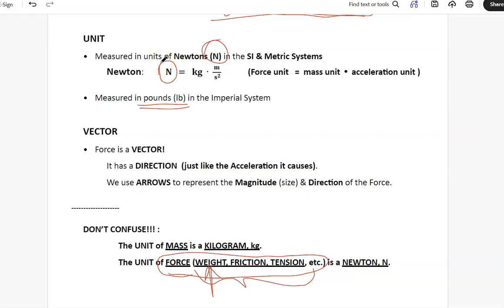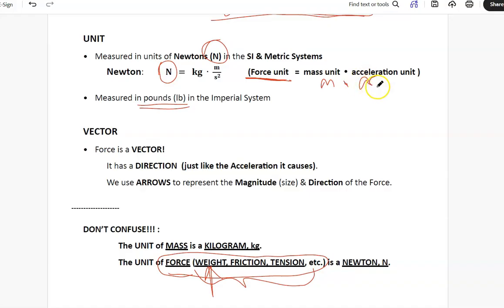Well, what is a newton? We have to back up and ask, how do we calculate forces? One of the ways we calculate forces is to measure the mass and multiply it by some acceleration. In the case of weight, that acceleration is the acceleration due to gravity, g, but it could be any other acceleration.